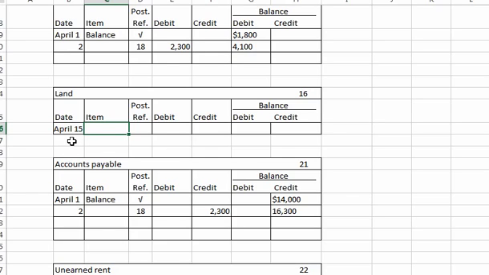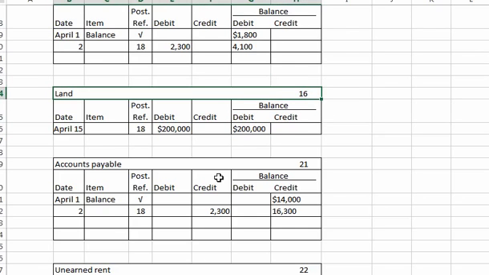We have to write the month in here because it wasn't in there already. The item column's left blank. This entry was made on journal page 18. It's a debit for 200,000. Which makes the debit balance 200,000. Balance beforehand was 0.